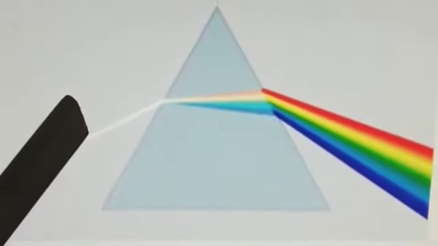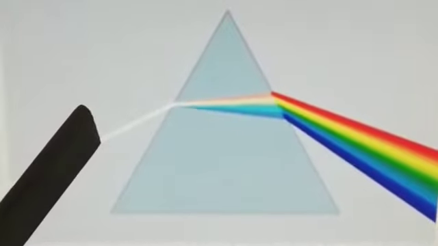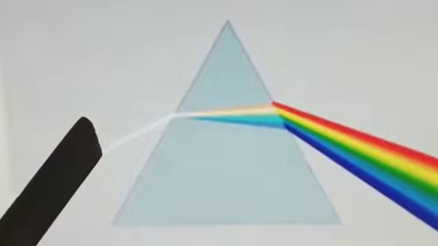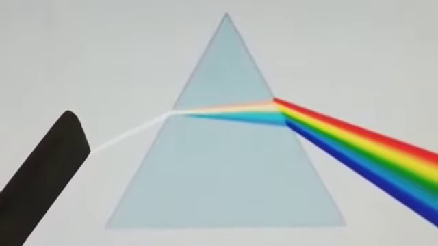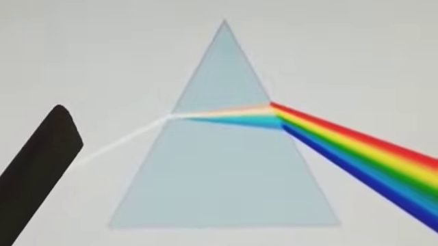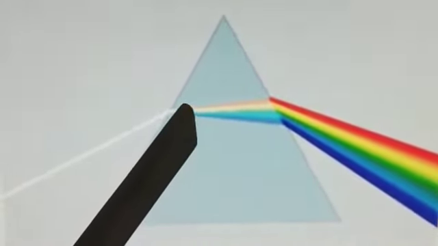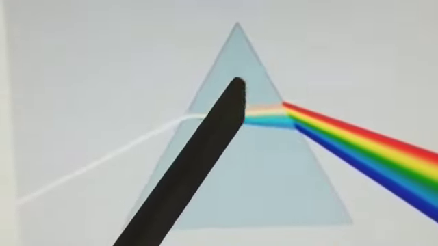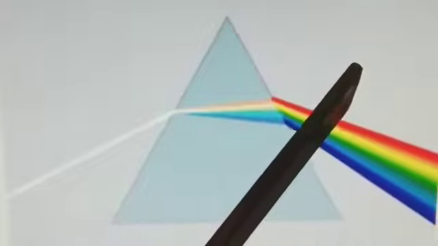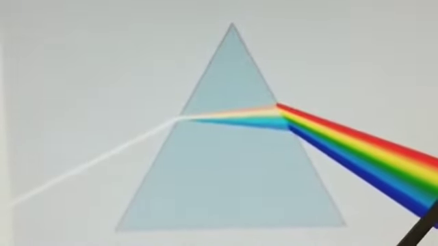So Newton allowed the white light from the sun to enter a dark room through a small aperture in a window and placed a glass prism in the path of the light rays. The light rays emerging out of the prism were received on a white screen.